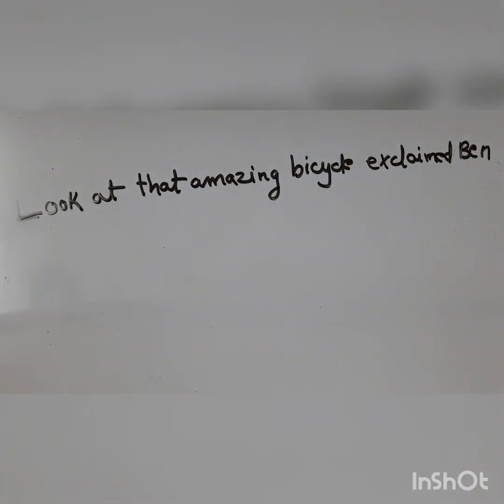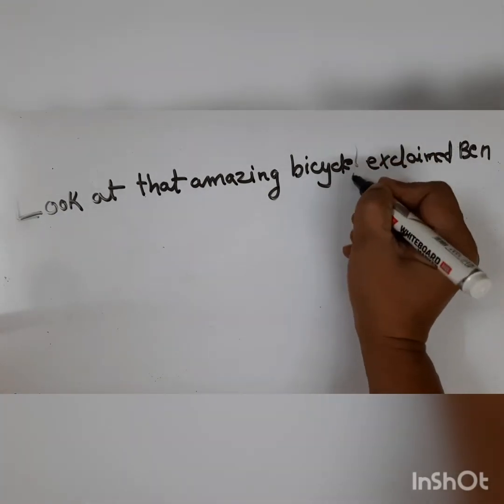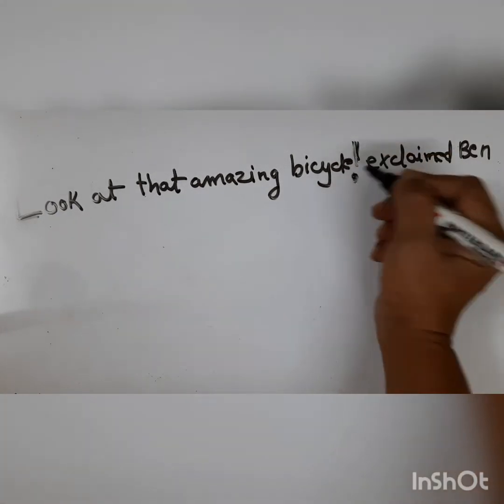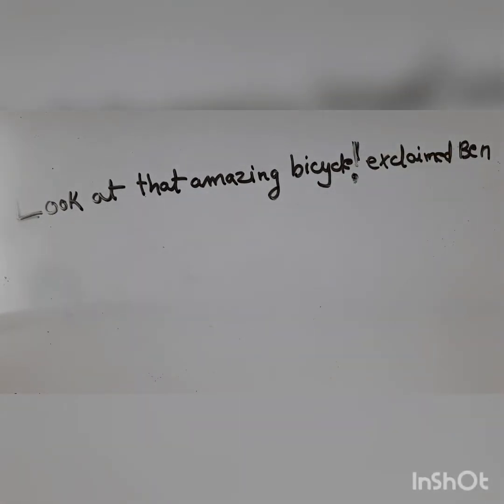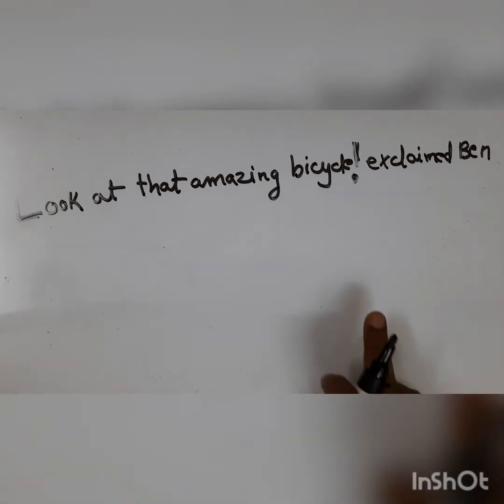Yes. Now, if the spoken words are an exclamation, then what will you do? Place your exclamation mark here. We just now did, children, what is an exclamation mark? Exclamation sentence. Remember? So, what are you going to do?